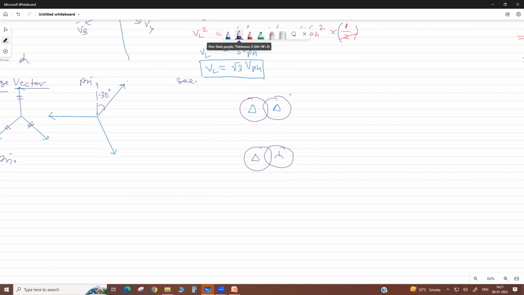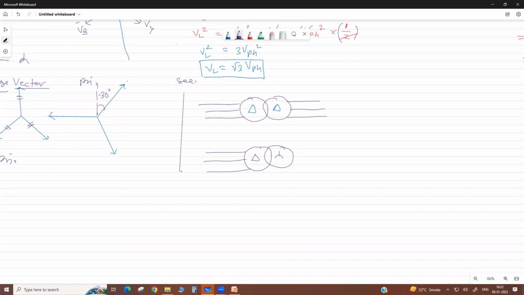Now suppose all three lines are the input; this is a three-phase input, and this is also a three-phase input. Either they connect to a different source or maybe the same source.